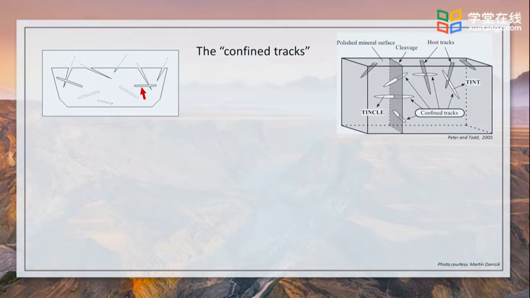Confined tracks can be divided into two major types. One, track-in-track, or TINT for short, and two, track-in-cleavage, TINCLE for short.